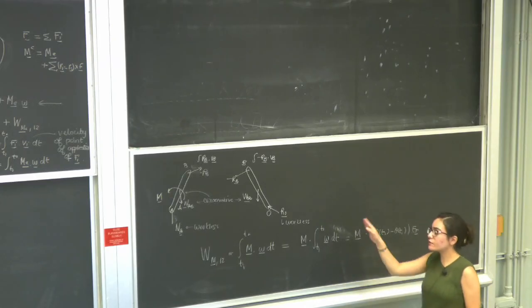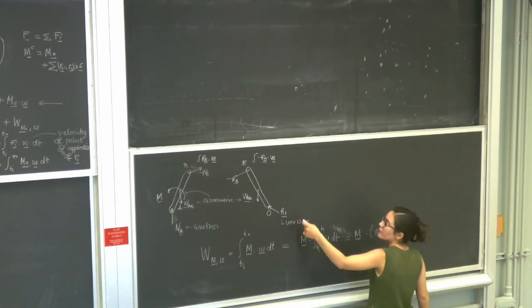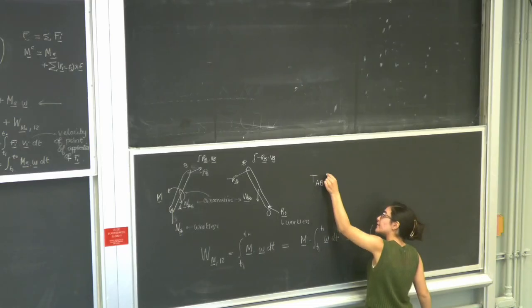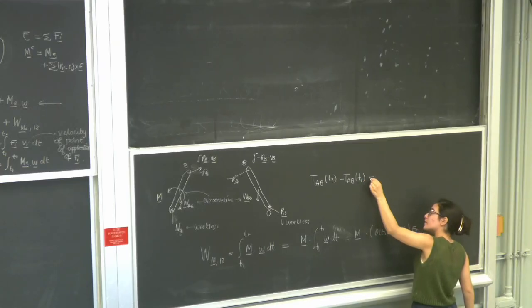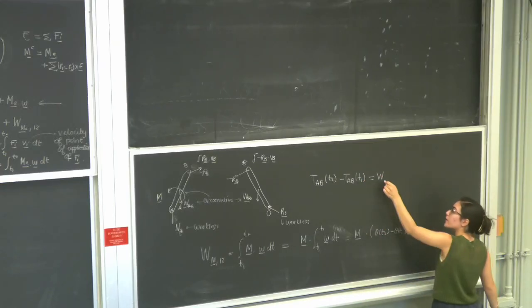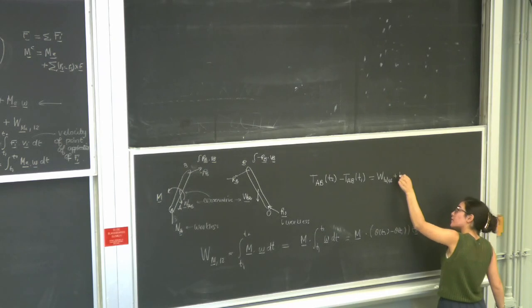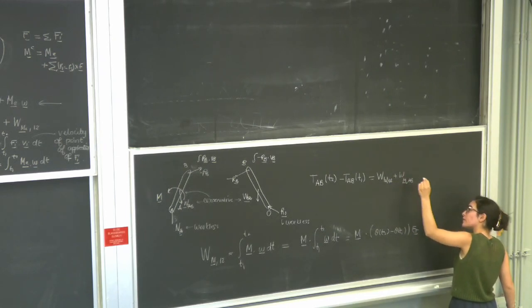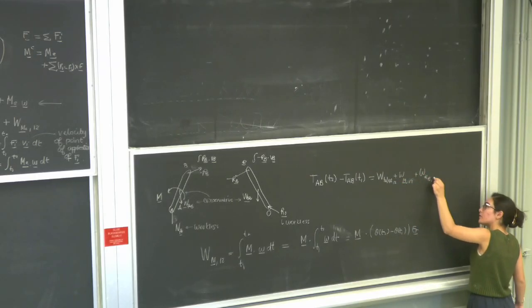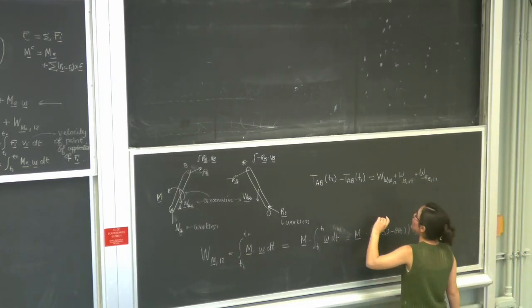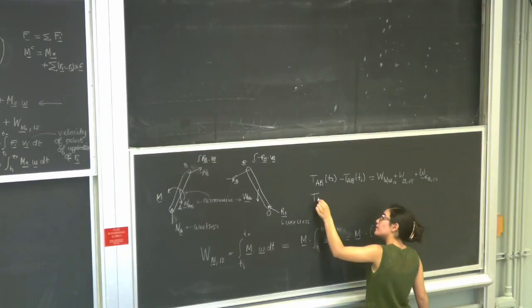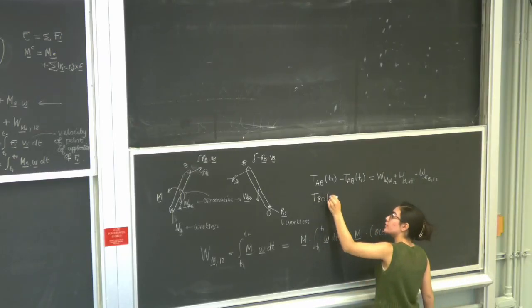So if I write the work energy theorem for each bar on its own, for bar AB, TAB at T2 minus TAB at T1 is equal to the work of the weight of AB plus the work of the couple AB from 1 to 2, plus the work of RB from 1 to 2, and the work of the normal forces here.